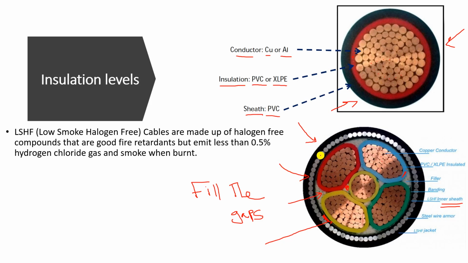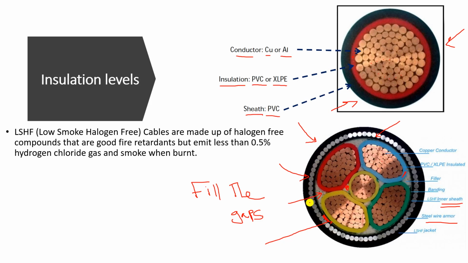These silver wires, as you can see, are called the armoring of the cable, or the armor of the cable, steel wire armor. So this sheath acts as an insulation or isolation between the cores and this hard metallic steel armoring material.